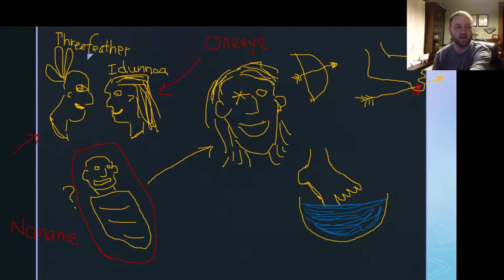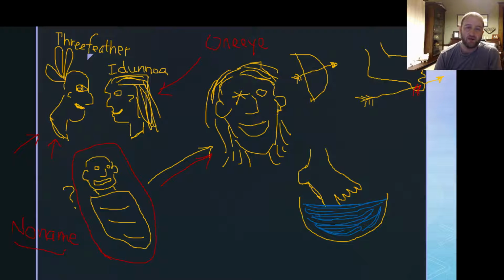One day, No Name's dad grew sick. Normally Chief Three Feather is the hunter for their tribe. He'll go out and hunt, but unfortunately he fell really sick and he wasn't able to go out hunting. So No Name volunteered to go out hunting with his old pal One Eye.